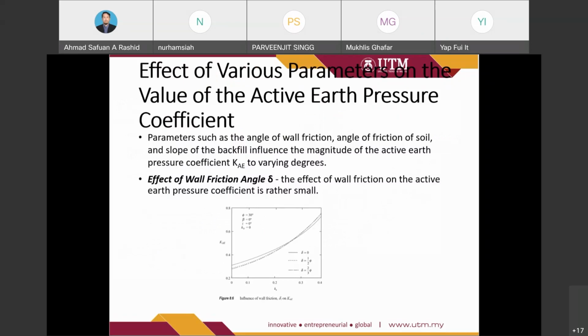Now, the effect of the various parameters on the value of the active earth pressure coefficient.